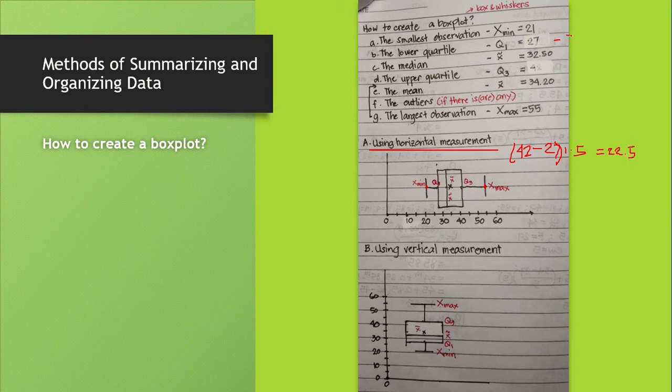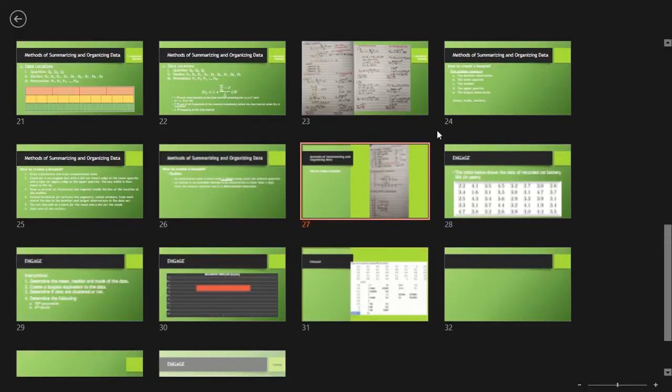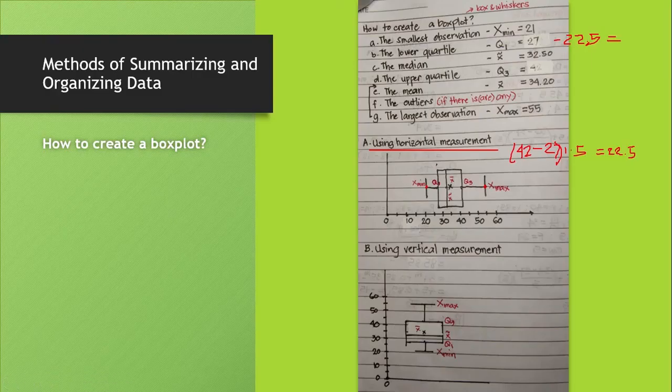So subtract 22.5 from 27, and we'll have 4.5. So, below 4.5 are outliers.